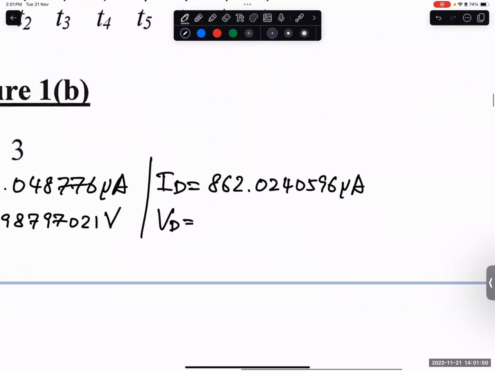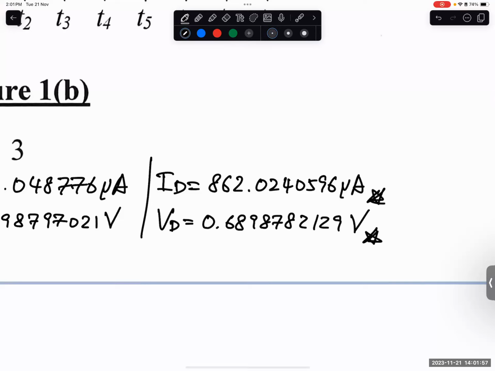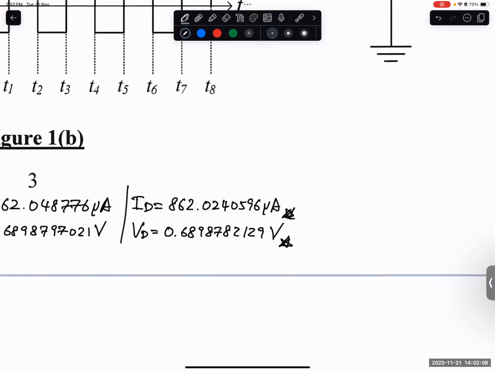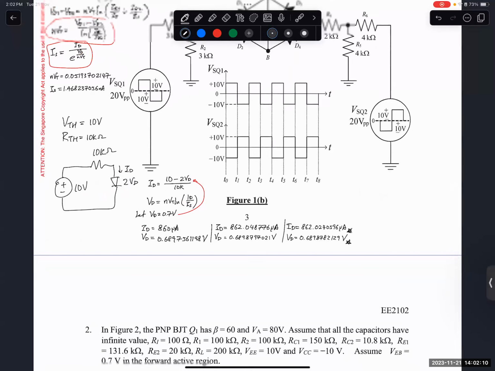So we got this value. Now we got these two values. This is our VD. So we got VD already and ID.